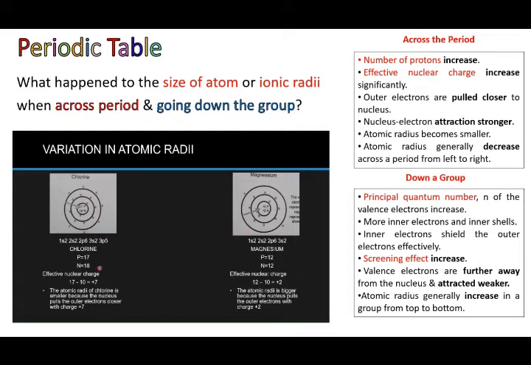Chlorine has proton number 17, and if we calculate here in this diagram, the number of inner shell electrons is 10. So by using the Zeff formula, 17 minus 10 is equal to positive 7. So this is the effective nuclear charge. What is the conclusion? The conclusion is the atomic radius of chlorine is smaller because the nucleus pulls the outer electron closer with charge positive 7.